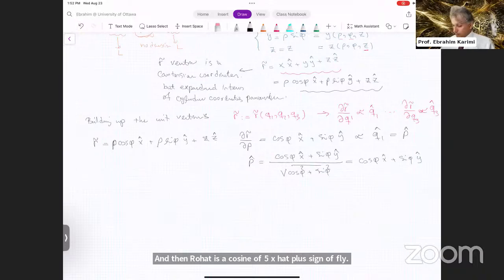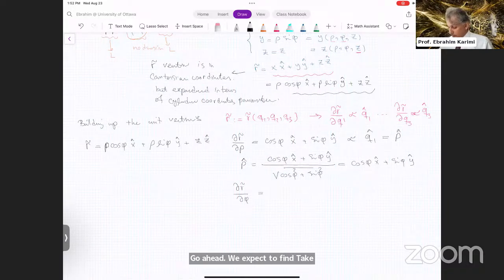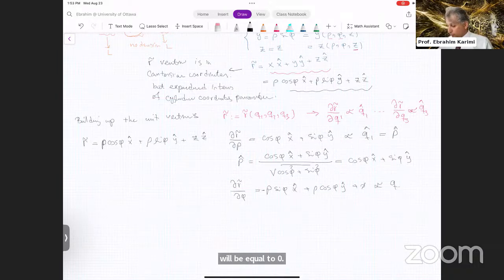Now the derivative of r with respect to phi. Take the derivative, that will be rho times minus sine of phi x hat plus the derivative of sine, which will be cosine of phi y hat, plus the derivative of z with respect to phi, which is equal to 0.